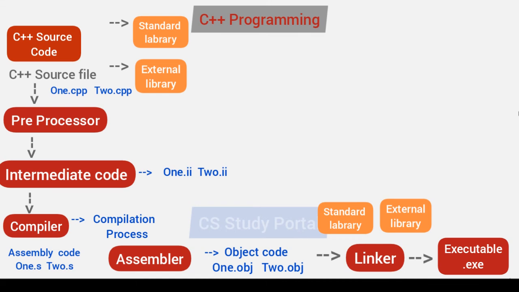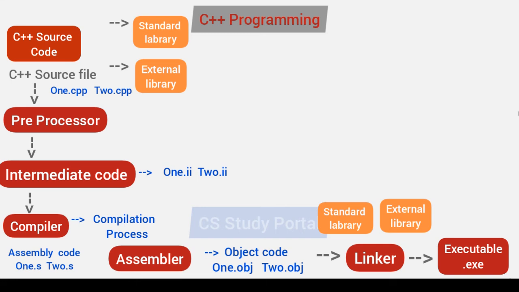While writing the program, I said that we will include the header file in our program, because the header files contain the declaration of features, and the implementation of those features we will provide in some form of object files. So the linker will link all those object files and generate the executable file. This process of linking these object files together and generating the executable file is called the linking process.